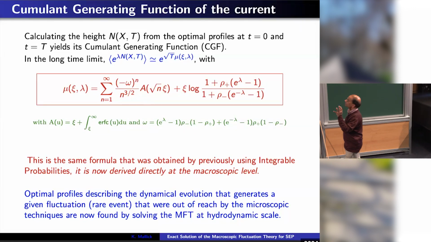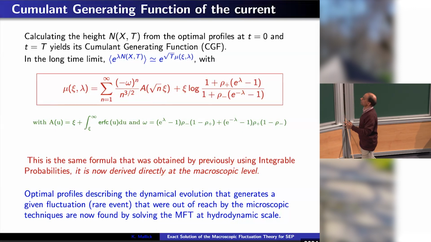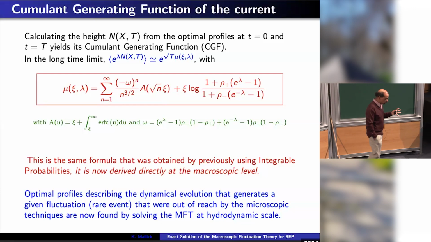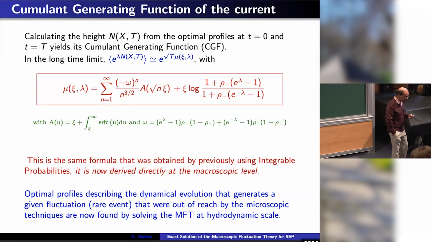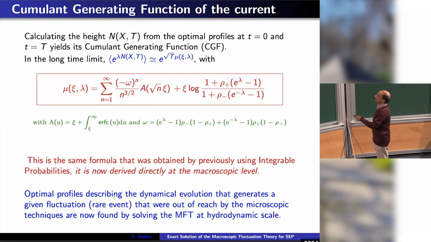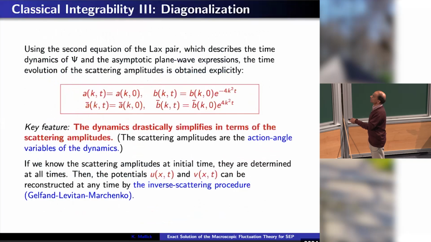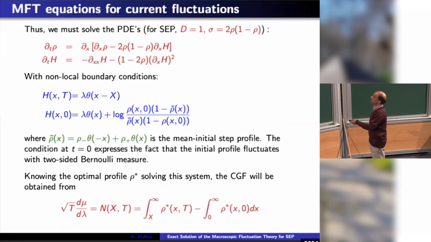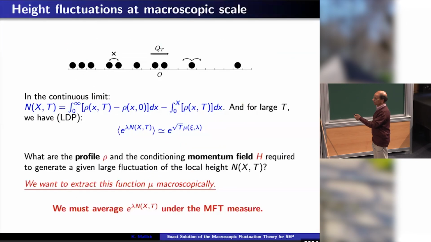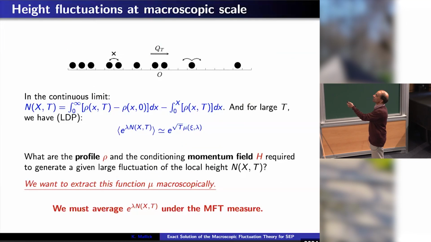So, and of course we can do more. At macroscopic level, we can compute the profiles, which we are not able to compute using Bethe ansatz at the microscopic level. But at least one lesson is that if you think about it, we started with a very well-defined problem, which is a kind of combinatorial problem, with particles hopping on a lattice, and we had a kind of discrete counter here, and we wanted to compute the statistics of this variable, or any height anywhere.